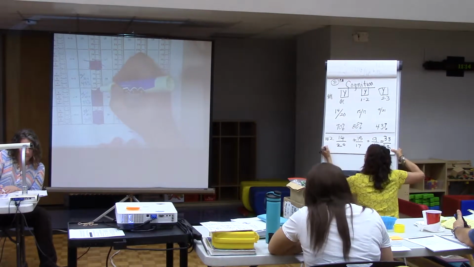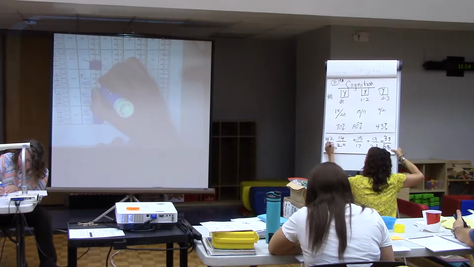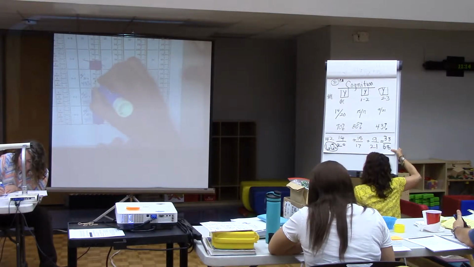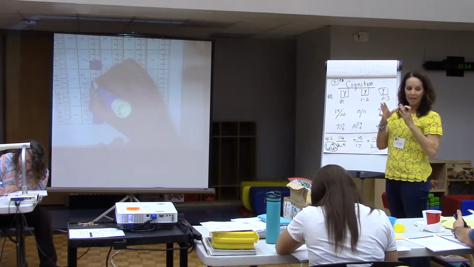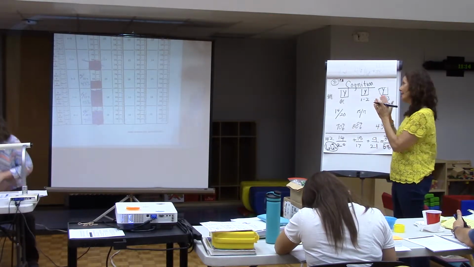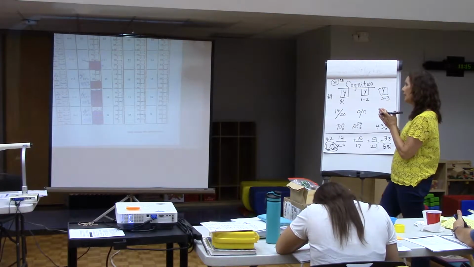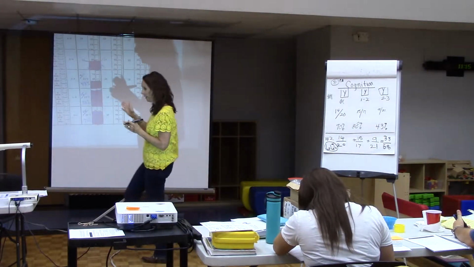I'm just going to write it right here, knowing that y'all have it where you can read it better. Okay. She's mastered 66% of the 0 to 3 skills in cognition.